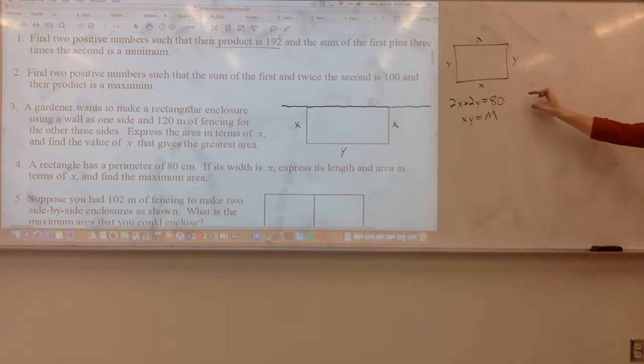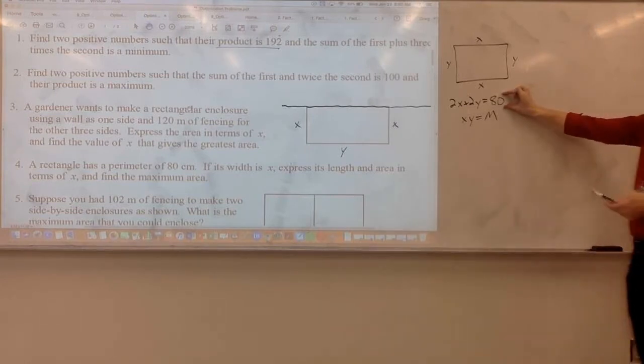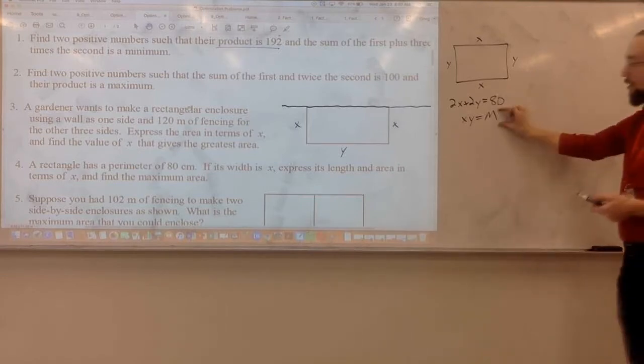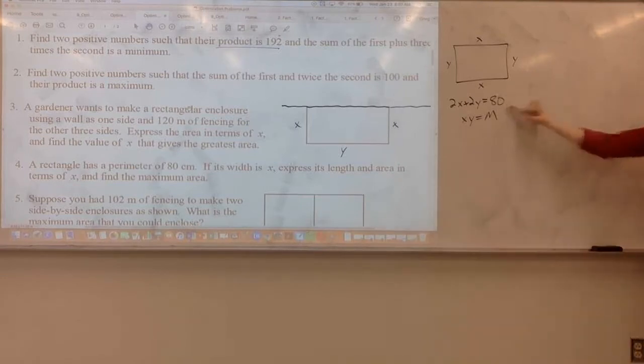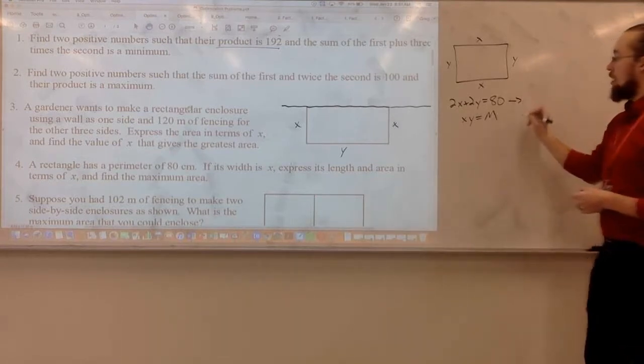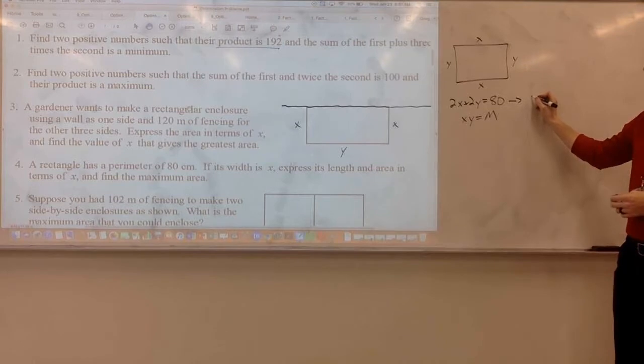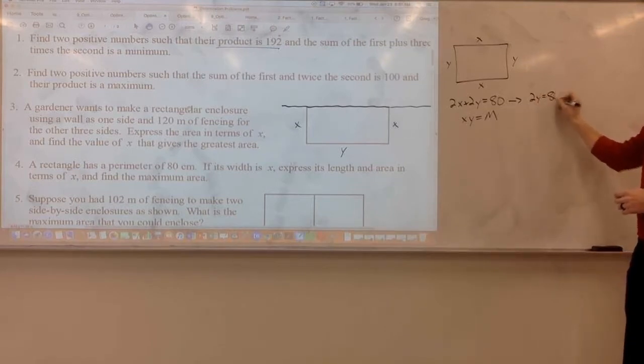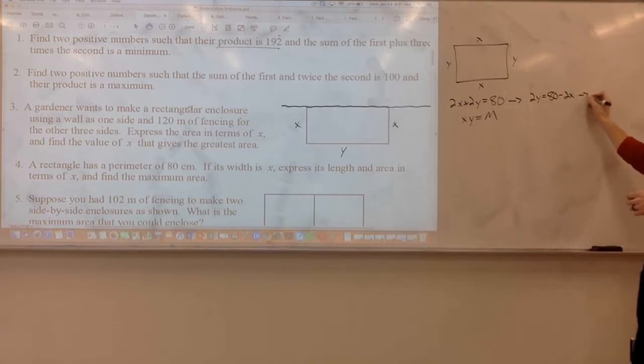So now I want to solve for one variable in my constraint equation, plug that in here. I'm going to get the exact same thing either way I solve here. Right? So it doesn't matter which one we solve for. I'll solve for y. So we'll get 2y equals 80 minus 2x. Divide by 2, and we'll get y equals 40 minus x.